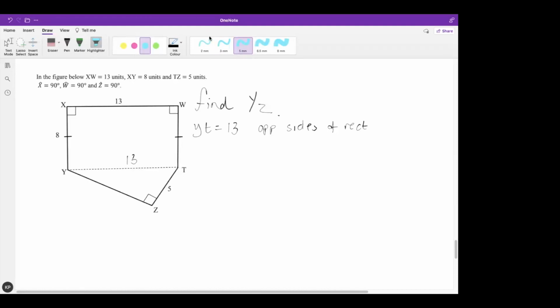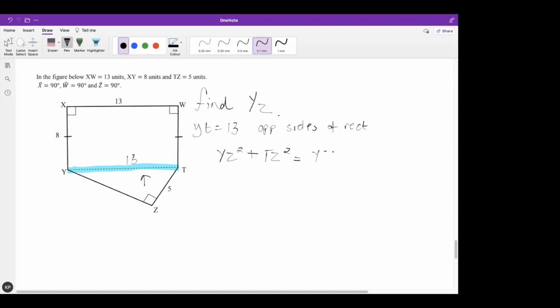And then, ma'am, we're gonna say, should I carry on? Which one is your hypotenuse? Be careful. Yes, ma'am. The hypotenuse is opposite the 90 degrees, which is 13. Yes. So what's YZ squared plus TZ equals YT?